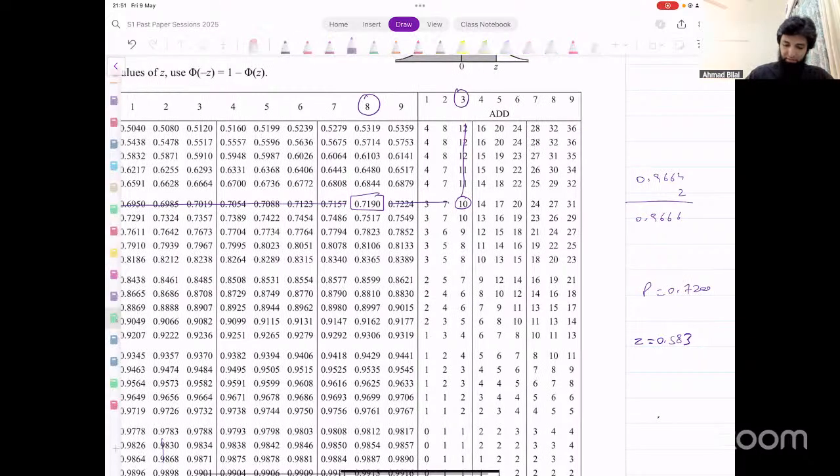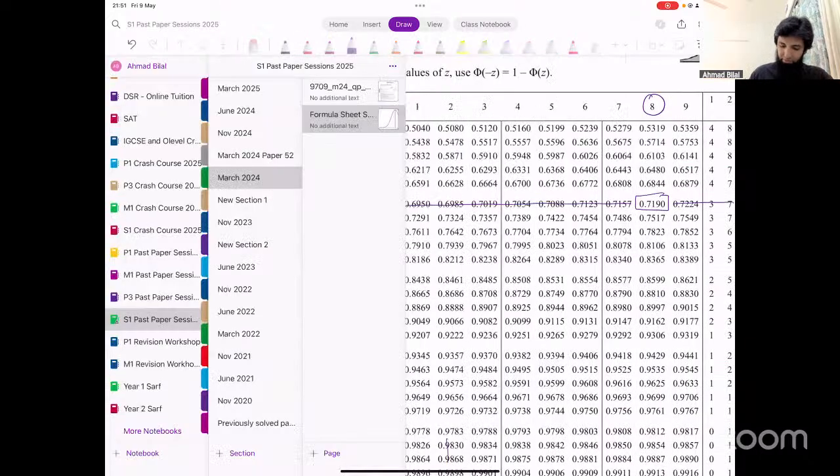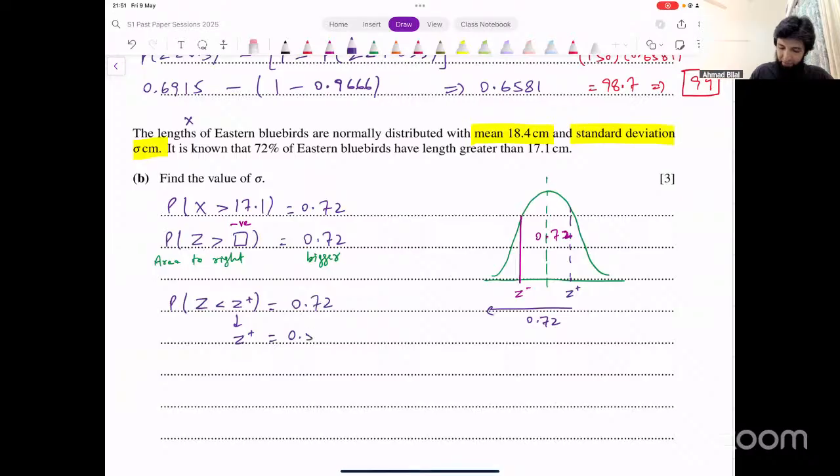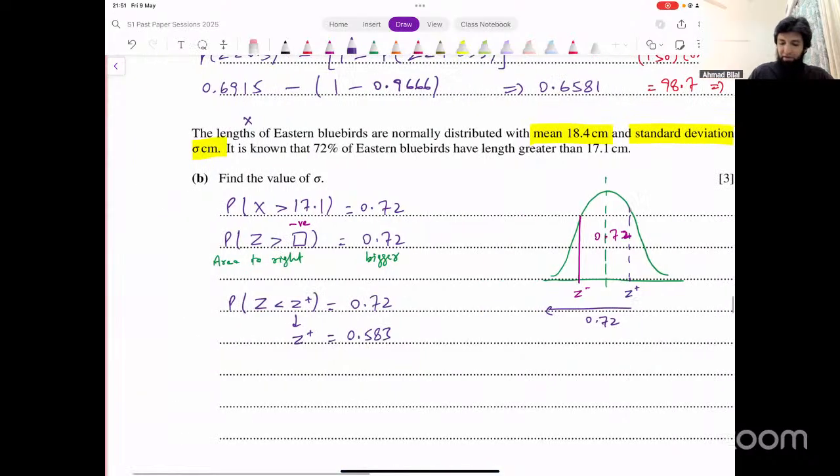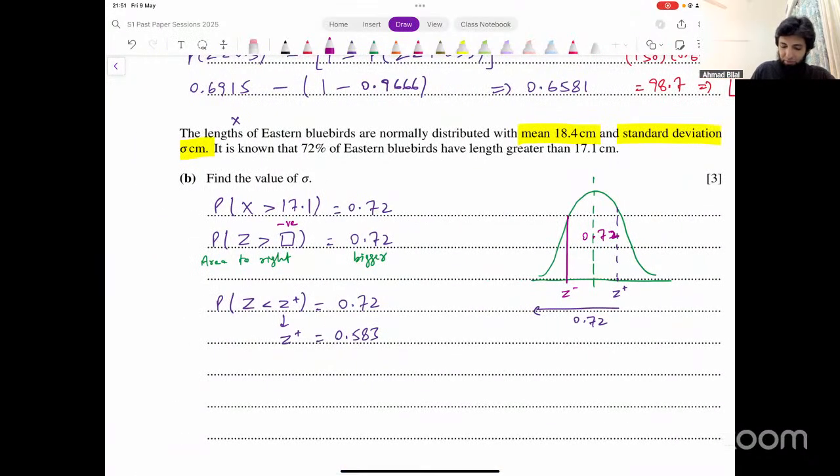Let's go back there. 0.583 is the positive z value, but we know the actual z value was supposed to be negative. So we say z is minus 0.583. That's the actual z value. Now put that in the formula.